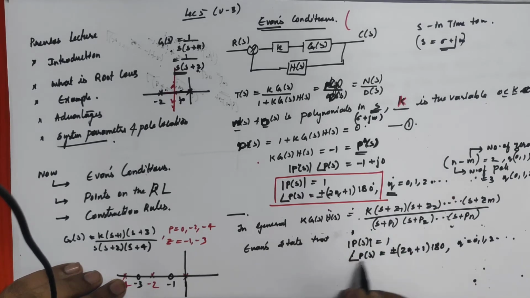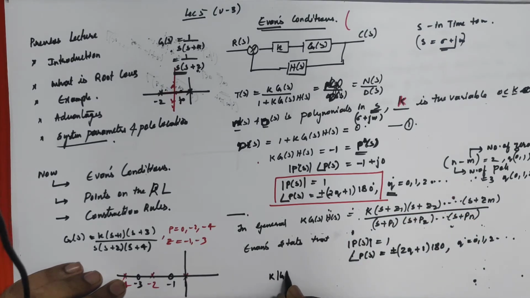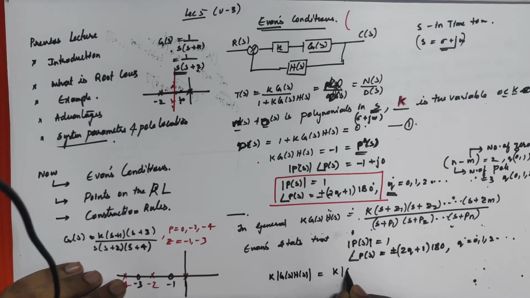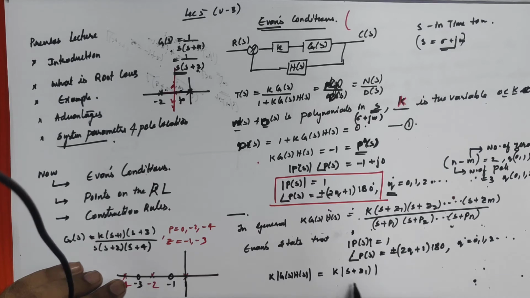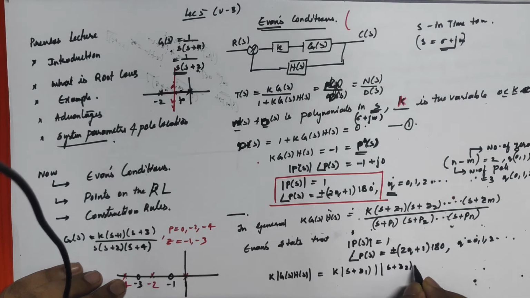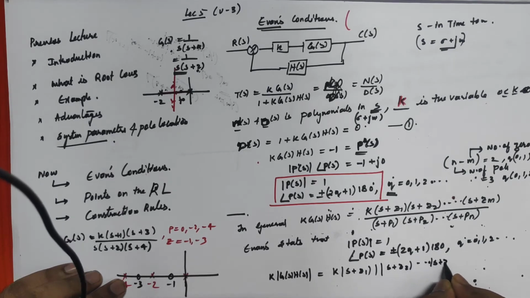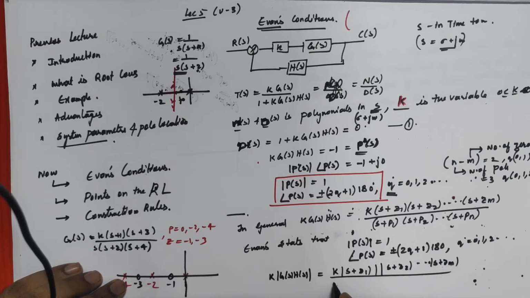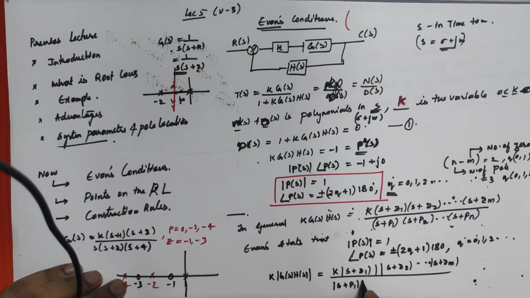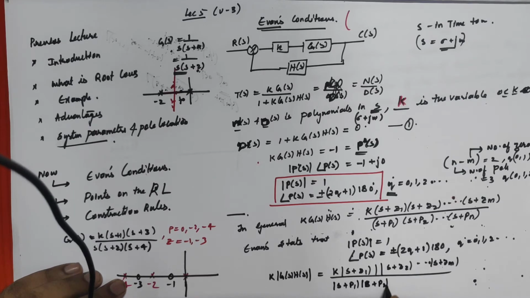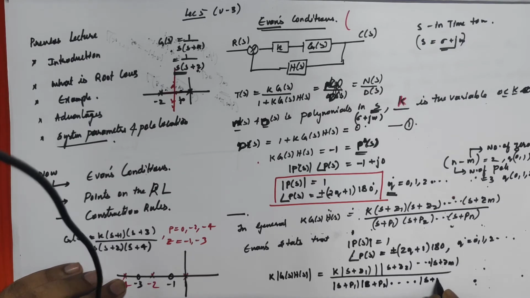So overall, if you substitute into the transfer function, the k magnitude value can be found. g of s, h of s equals k into (s plus z1) up to (s plus zm), divided by (s plus p1), (s plus p2) and so on up to (s plus pn).